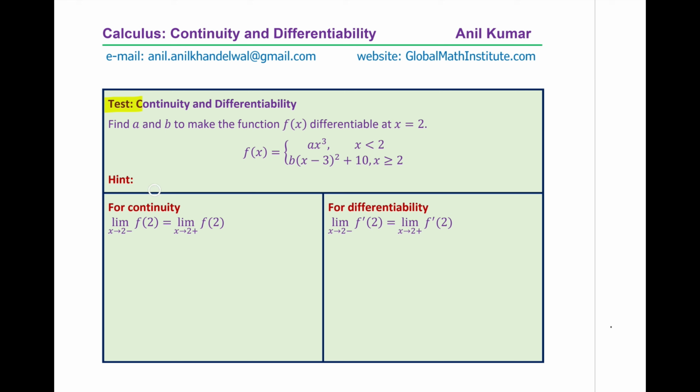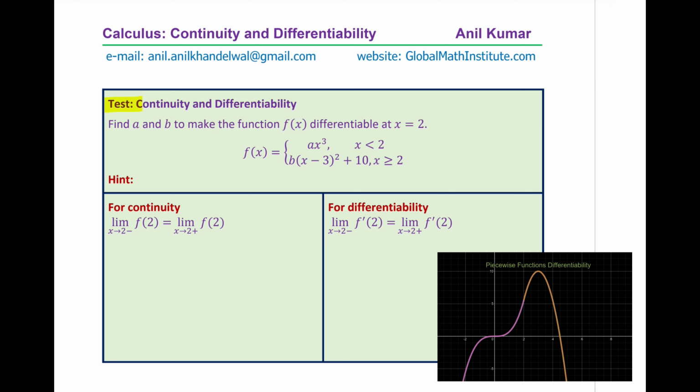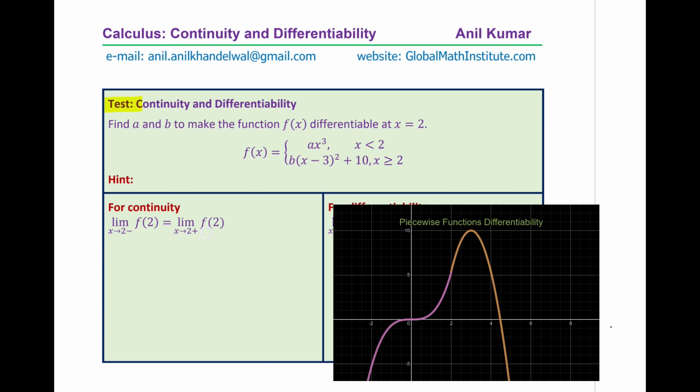So a hint for you is that there are two unknowns, a and b. Since there are two unknowns, you need two different equations. The first one you can get from the principle of continuity, where we learned three conditions. The limit of this function should exist and should be the value of the function at 2 in this case. So that will give you one condition.